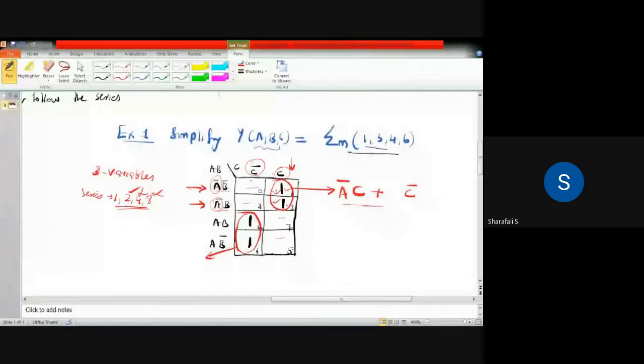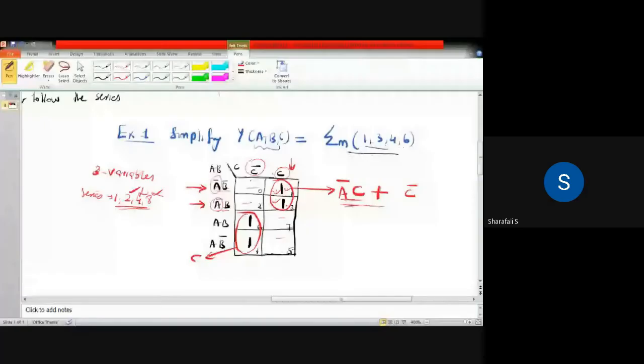That's why I'm writing this as dots and sum. So in this K-map, in each of the groups, you will be getting different products when you are considering sum of products. Here we have the common term C bar.